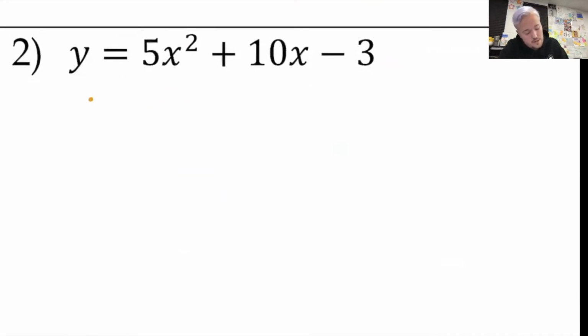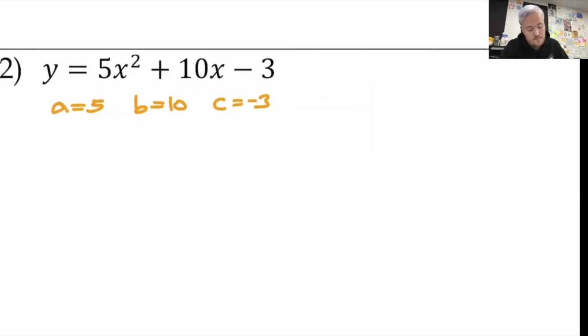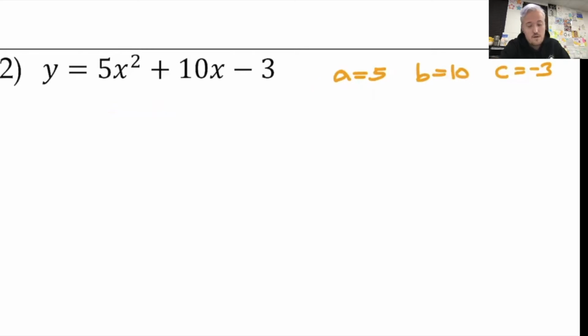Once again, start with your ABCs. A is 5, B is 10, and your C value is -3. Once again, start by finding your AOS.